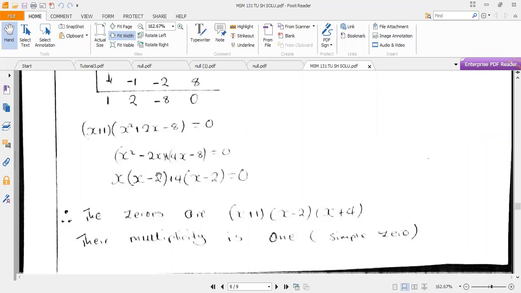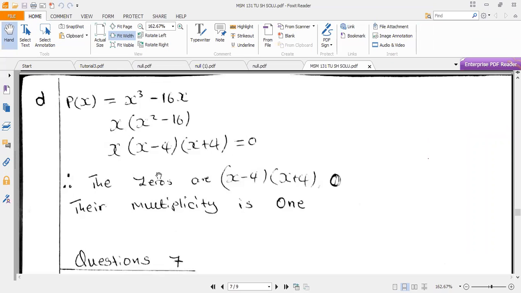Okay, so I'll skip our questions and go to D because that is basically a repetition. B is easy, C is easy. So D, x cubed minus 16x. First thing, you can factor out the x and remain with x squared minus 16.